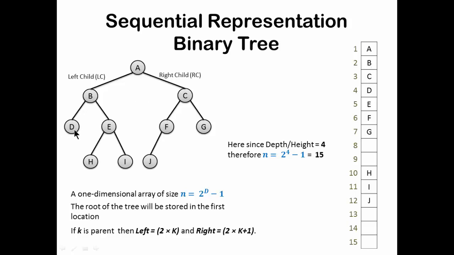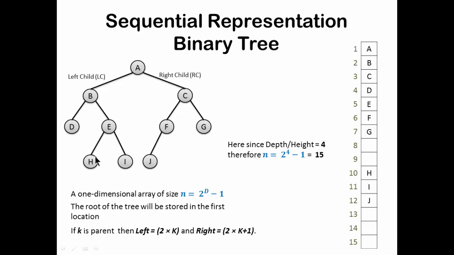Now if you want to store D, where should it be stored? D is the left child of B, and B's location is 2, so it should come at 4, then E should come at 5, similarly F and G. After that you will see that D is supposed to have children over here, but this is not a complete binary tree, it doesn't have children, so we have left those two spaces.